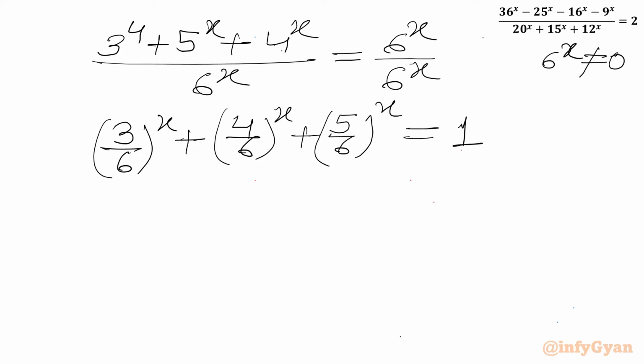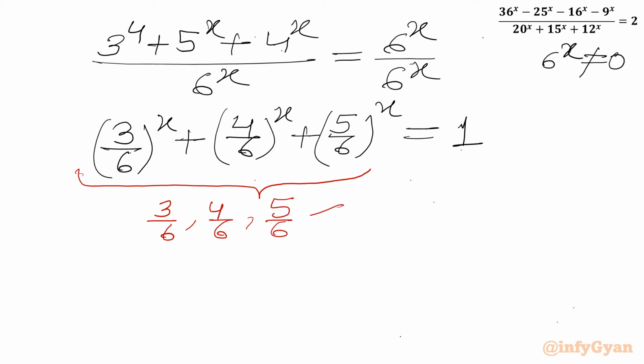Now left hand side is one monotonic decreasing function, as 3 over 6, 4 over 6, 5 over 6 are less than 1. Now we know that a power x, when a is less than 1, will give us the monotonic decreasing exponential graph.